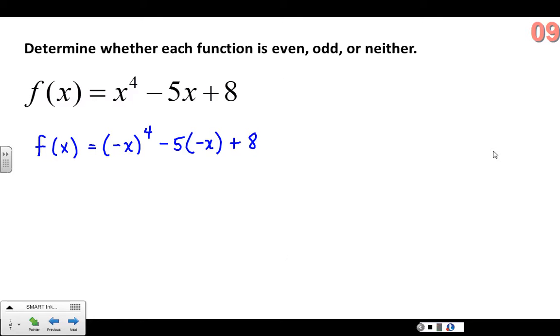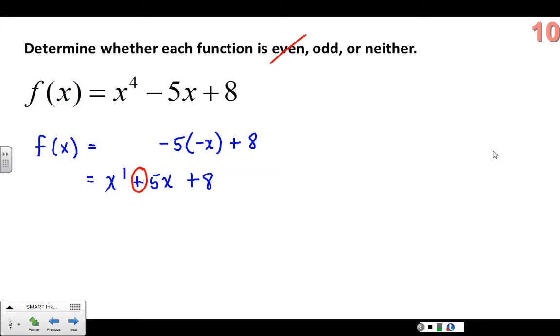Okay, so if I have negative x to the fourth, that's going to make it positive. So x to the fourth, that won't change anything. But if you can tell here, that's going to be plus 5x plus 8. So there's a big difference between your original function and your new one. So we know the function is not even.